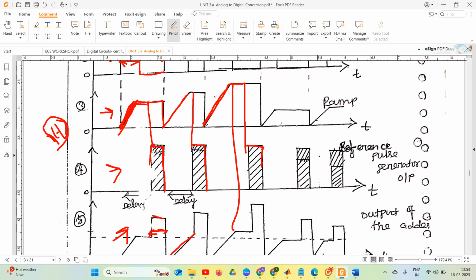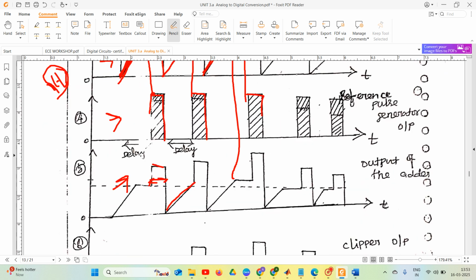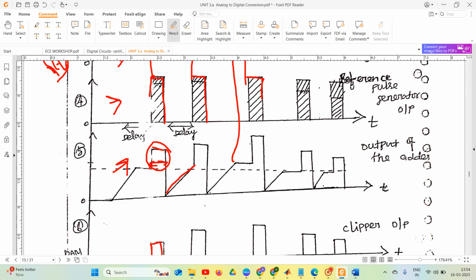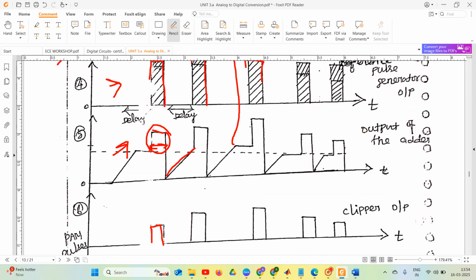In this clipper circuit, above the threshold level we are retaining the signal, right? Below the threshold level, we are going to remove the signal. We are retaining the above-threshold-level values of the signal, so we call that one a clipper circuit.